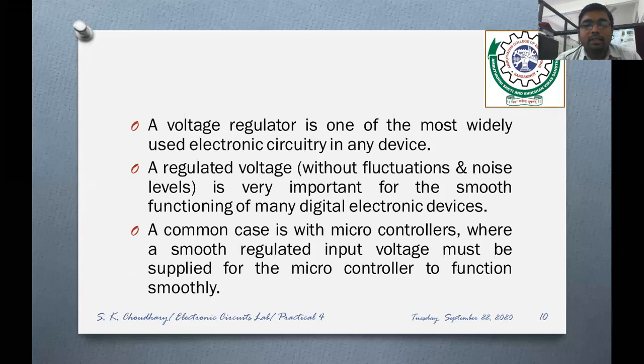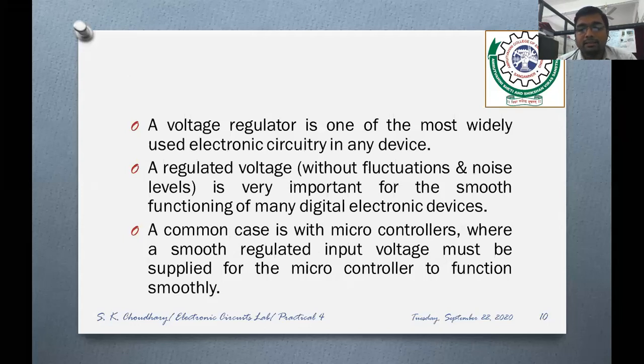A voltage regulator is one of the most widely used electronic circuits in any device, and the regulated voltage means a voltage which is free from fluctuations and noise levels. It is very important for smooth functioning of many digital electronic devices.